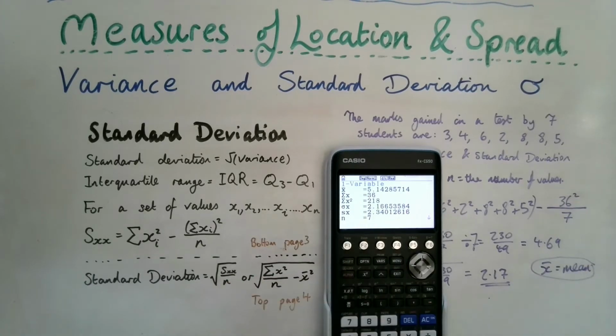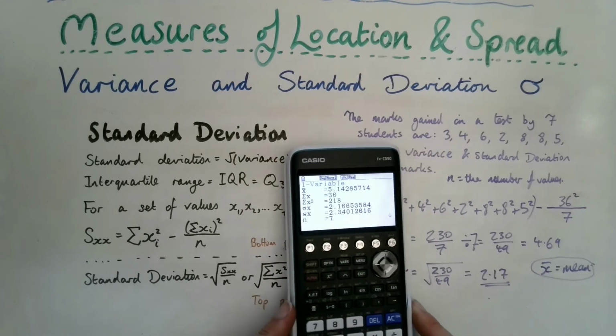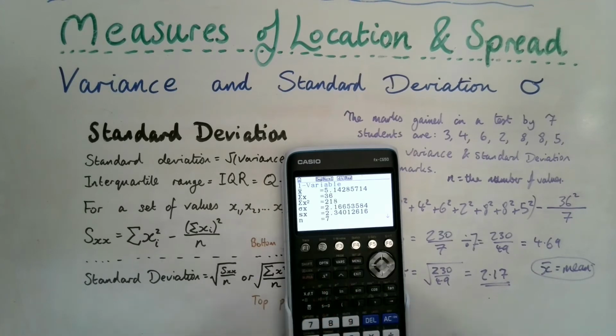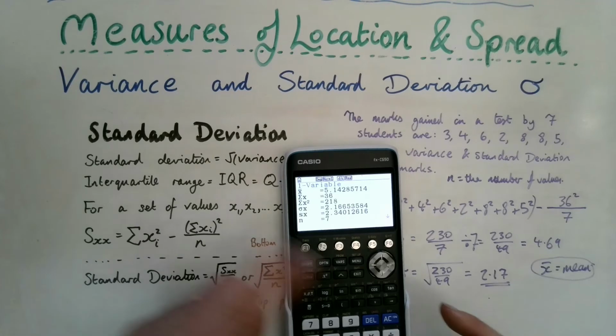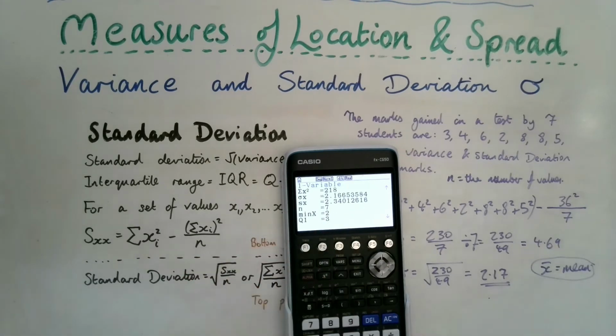This is adding them all up, which gets us 36 that we talked about there. Summing the squares of all of them is 218. That's in there as well. How many data points we've got is 7, and so on. Anyway, time for another example.